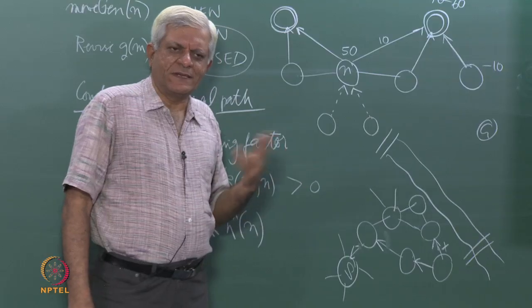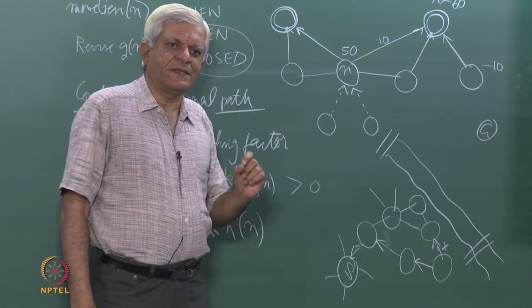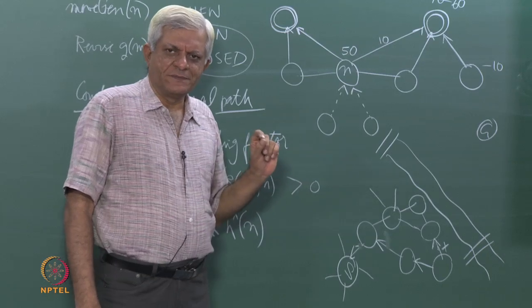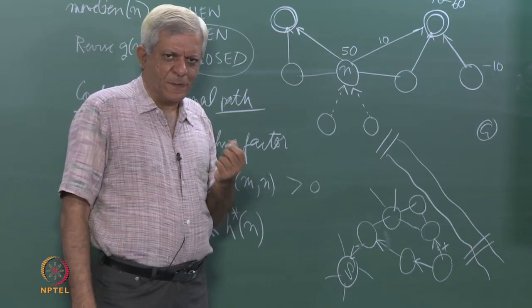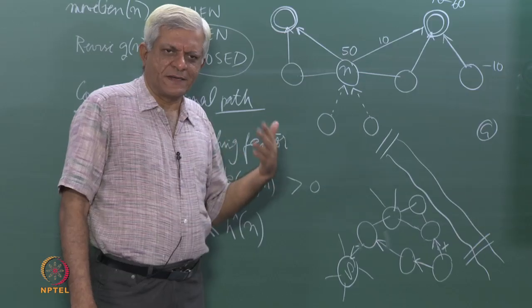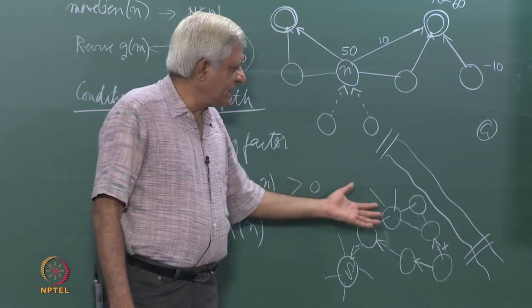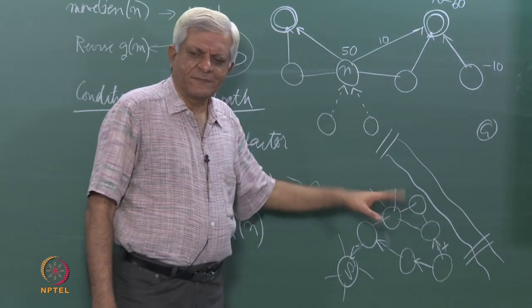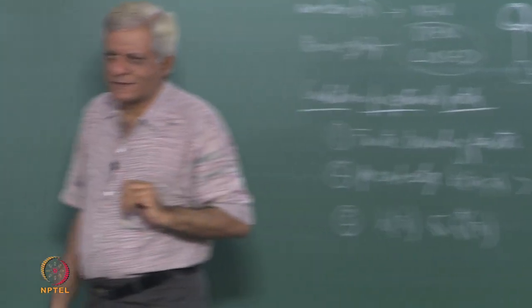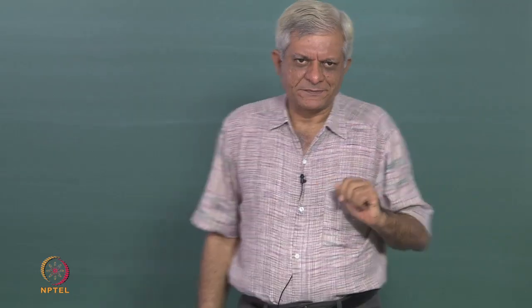So, remember there are two conditions for exit. One is when open is empty, exit and report failure. The other condition is if the node that you have picked is a goal node, then reconstruct the path and return the path. So, in this case, if these bridges were not there and the goal was there, it would never find the path, but it would terminate. That is all we are talking about here essentially. So, the graph is finite, it will terminate.